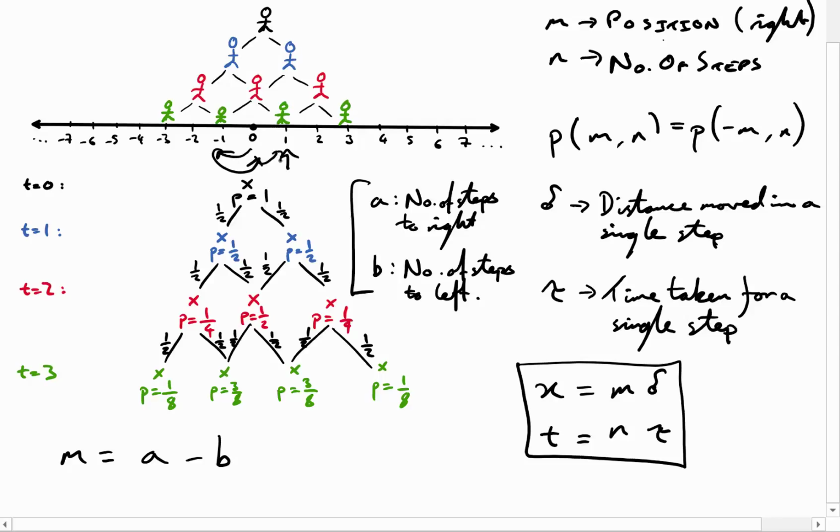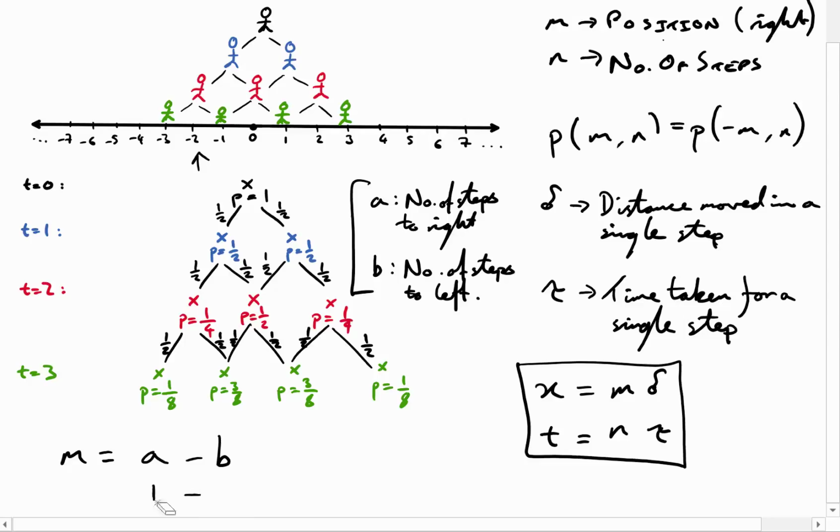I've taken 2 steps to the right and 1 step to the left, so therefore I'm at position 1. Likewise, I could do exactly the same for position -2, let's say. Let's say I've taken 1 step to the right and 3 steps to the left. So therefore, I must be at position -2.